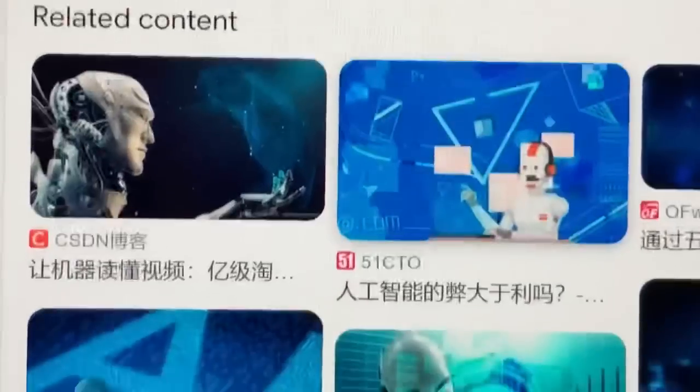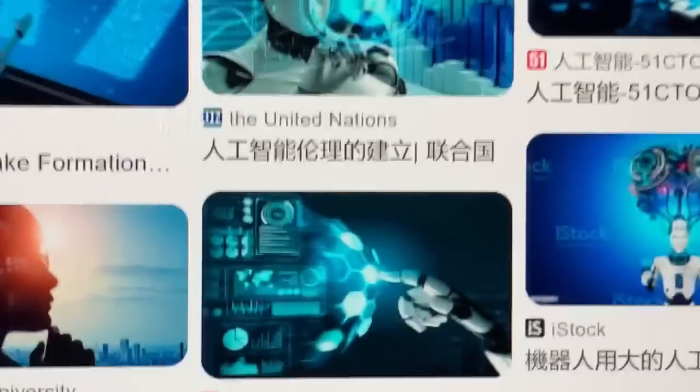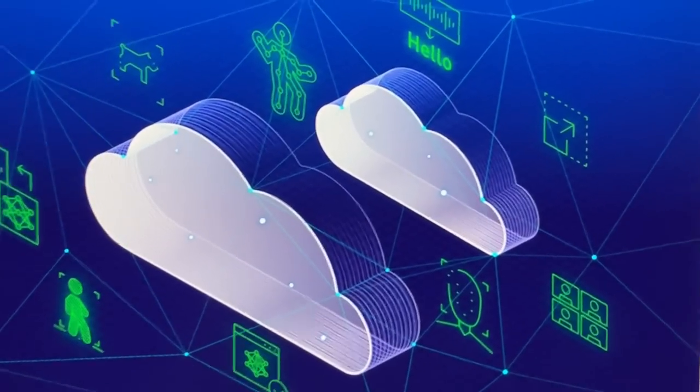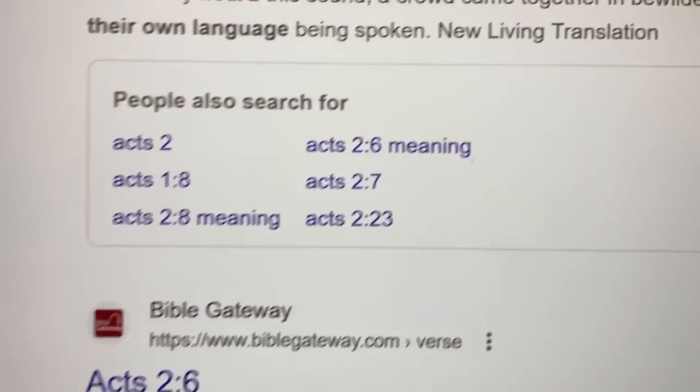Fast forward, look at this. Look at these. All right, and each one heard in their own language. Each one heard in their own language.